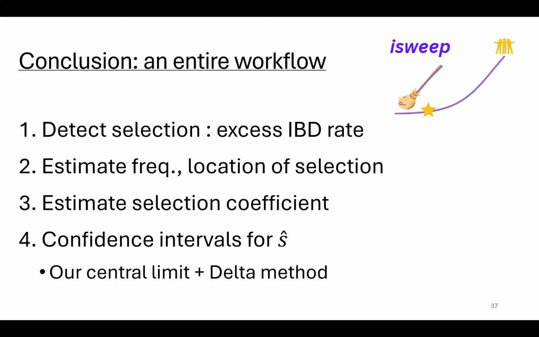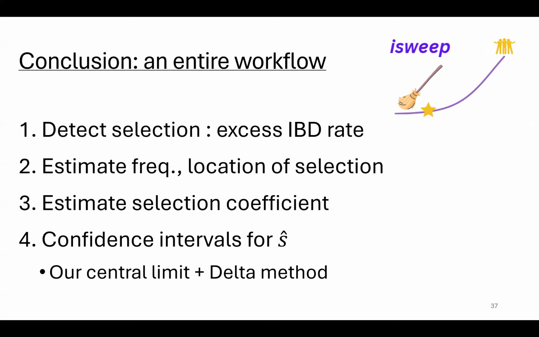In conclusion, throughout this thesis, I have developed a suite of methods and packaged them together as an entire workflow. And so the projects discussed here today are, bullet point 1, detecting selection based on an excess of identity by descent rate with a multiple testing correction that's aiming to control the family-wise error rate.